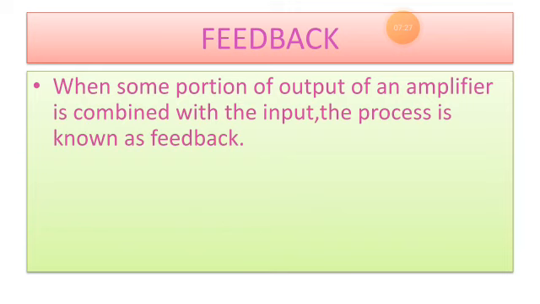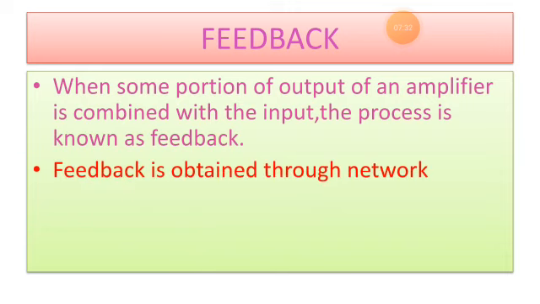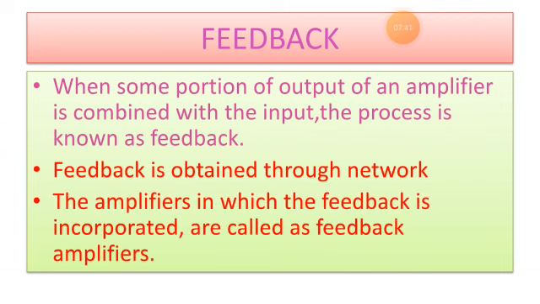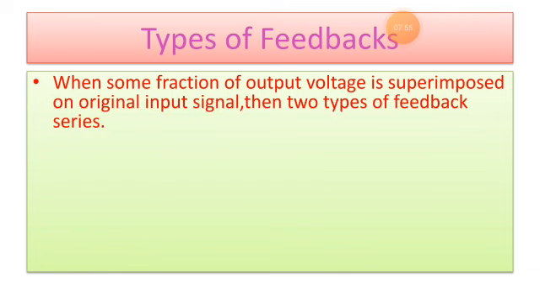Feedback means when some portion of output of an amplifier is combined with the input, the process is known as feedback. Feedback is obtained through a network. The amplifiers in which the feedback is incorporated are called feedback amplifiers. There are two types of feedback, positive feedback and negative feedback.